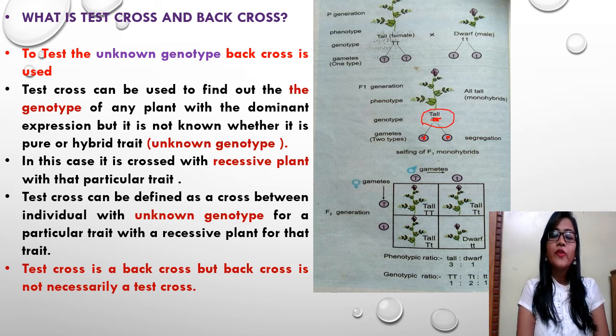Whether the plants we get in the F1 generation are homozygous or heterozygous, to find their genotype, whether these tall plants have capital T capital T or capital T and small t, that is heterozygous, what we have to do is cross this tall plant from the F1 generation with the dwarf plant, the homozygous recessive plant, and then we will find out its genotype correctly.